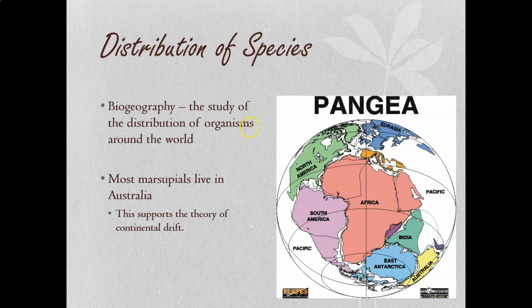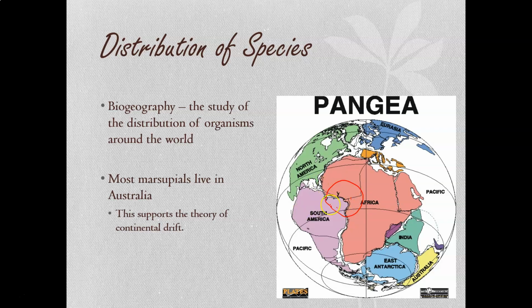And so when we find organisms that are very similar in places here in South America, excuse me, and here in Africa, we know that there's an evolutionary connection to them because at one point they used to be directly connected, and organisms could move from one population to the other.